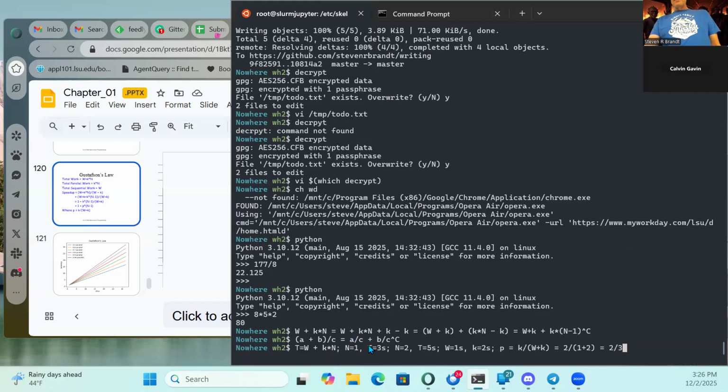As for how W is 1: if N equals 1 and T gives me 3 seconds, and K is 2 seconds, then we have something plus 2 equals 3. So that's how I get 1. Are we good?